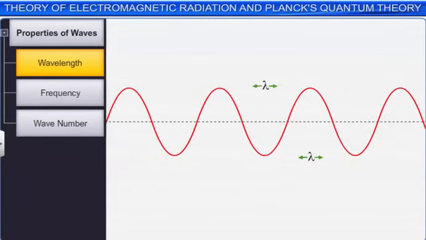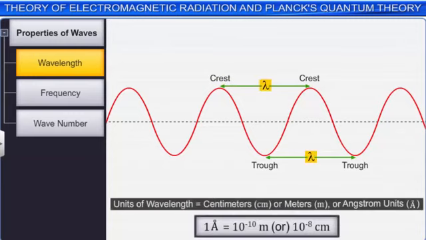A wavelength is the distance between two successive crests or troughs of a wave. Wavelength is denoted by the Greek letter lambda. It is expressed in either centimeters or meters or in angstrom units.